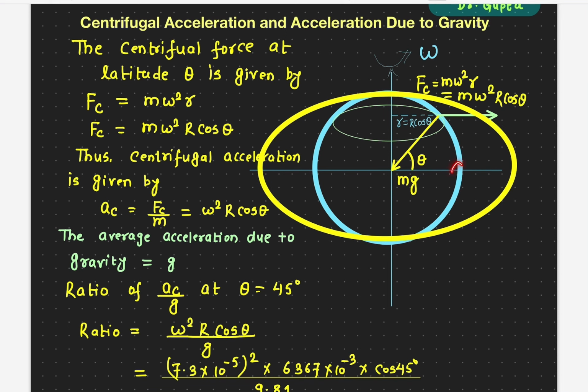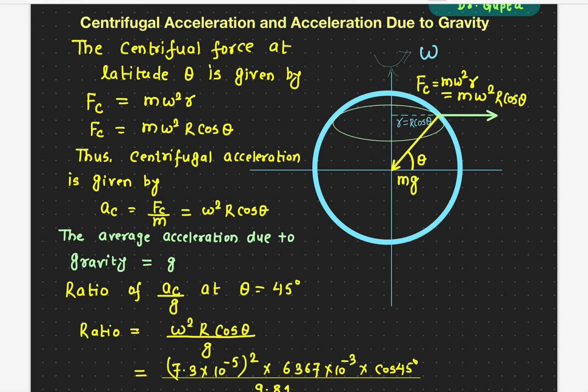Because there's more centrifugal force at this point, the Earth's radius at the equator will bulge out, and there will be no change at the pole. In fact, if you have any spinning object, the radius at the equator will be slightly bulged out and the pole will be slightly smaller compared to the equator.